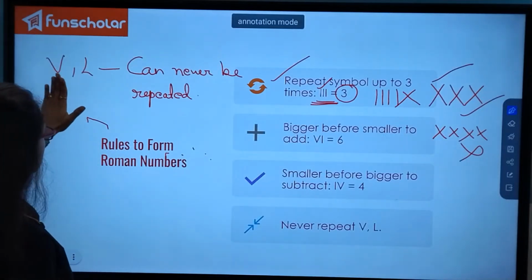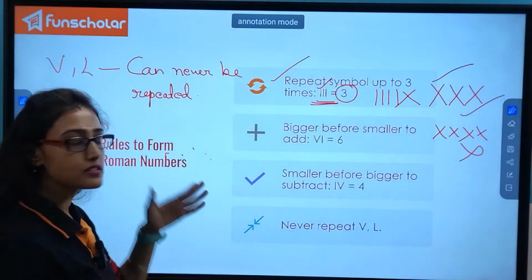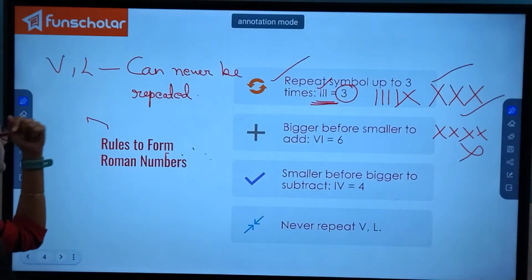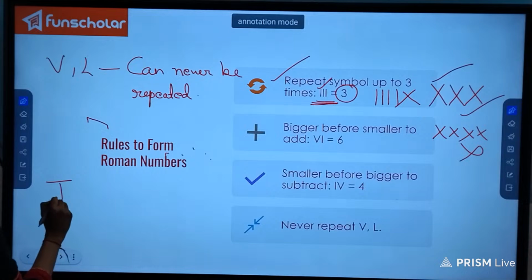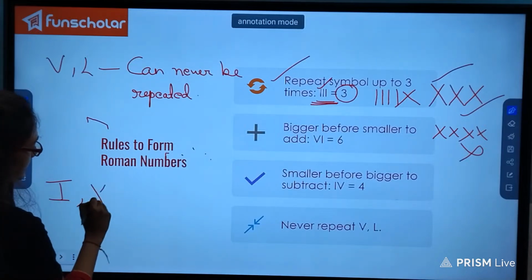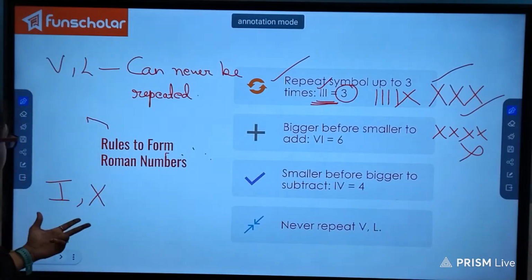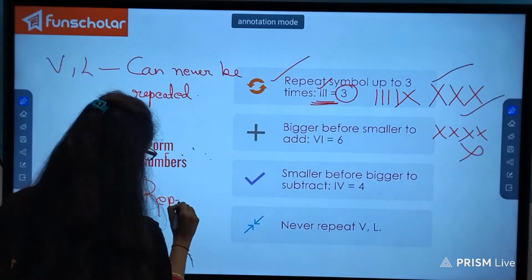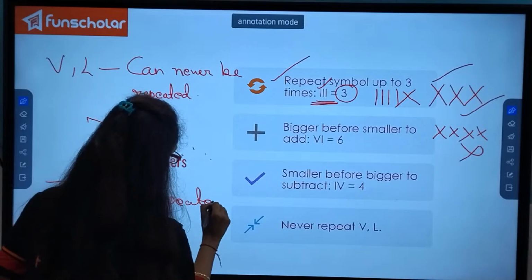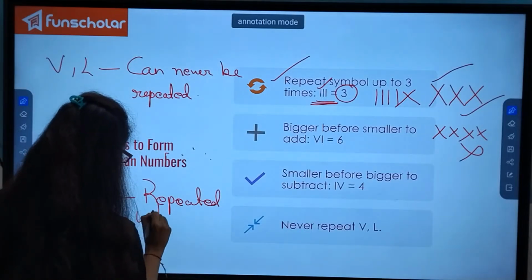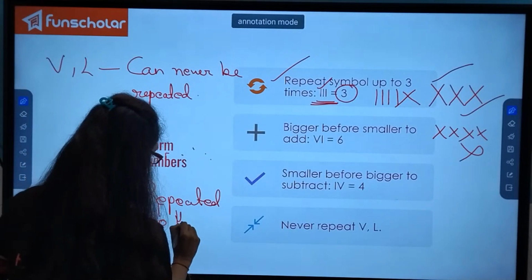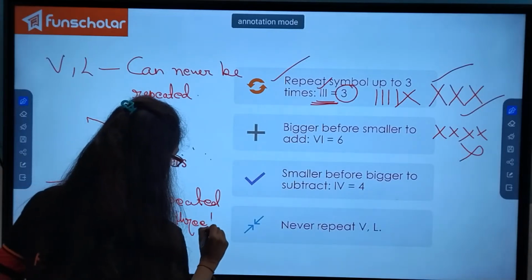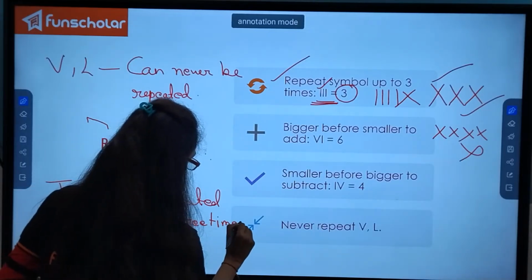So you need to know up to L in your class. So which numbers can be repeated? I and X can be repeated up to 3 times only.